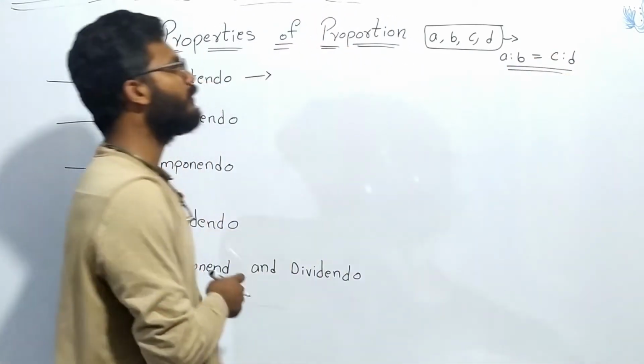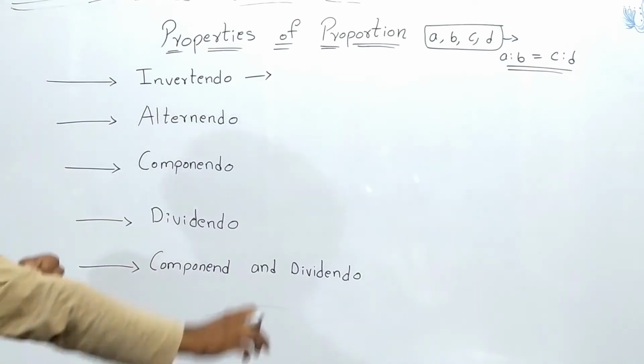When A is to B is equal to C is to D, what does invertendo tell?